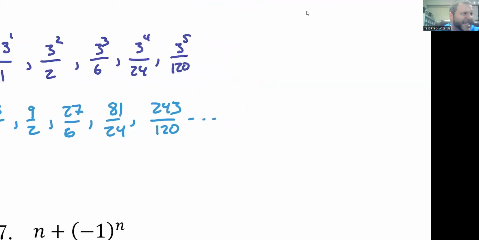So my next term, instead of thinking about 3 to the sixth power, 729 over 6 factorial, which would be 720, let's think of the next term as 243 times 3 over this 120, this 5 factorial, times 6.